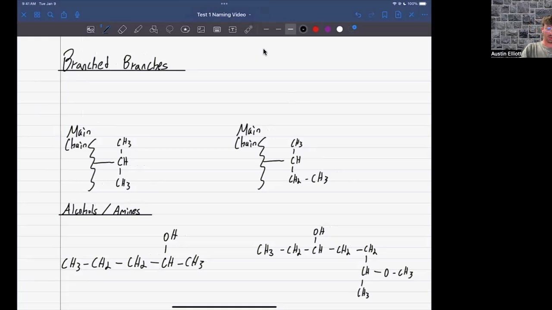And so we first want to highlight the longest continuous chain of the branch.